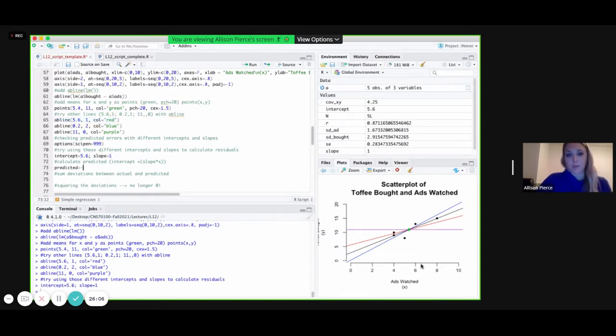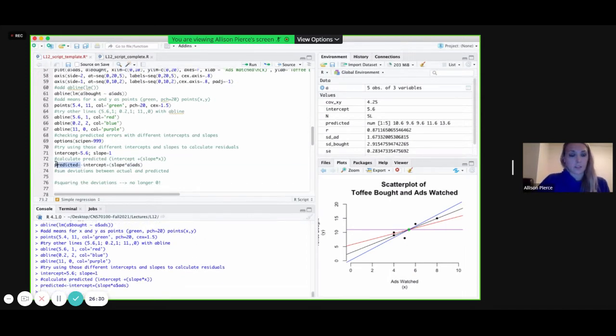That red line would predict that our values go to slope times our x, which is our predictor, the thing that we're predicting from, times our slope plus the intercept. So you should get something like this.